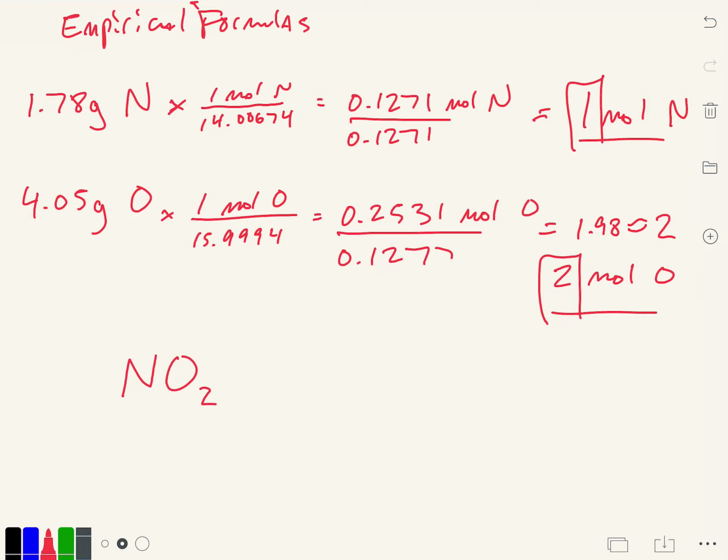Let's do another one. Let's say that you are not given the decomposition masses. Let's say that you're given something more like, let me try to find, here we go. You've got 1.45 grams of phosphorus. Now phosphorus burns in the air.